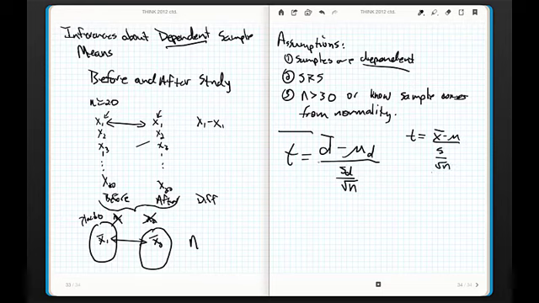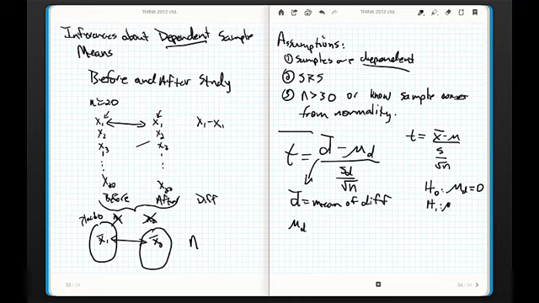But in this case, look at this. D bar is just going to be the mean of the differences, the before and after, the patient 1 with patient 2. Mu sub D is going to come from the null hypothesis and alternative hypothesis, and it's going to be mu sub D equals a number or it equals 0.